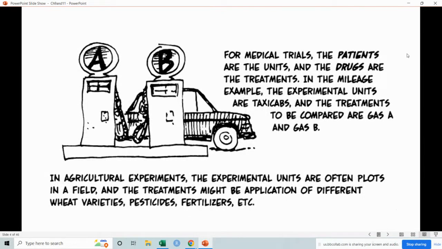For medical trials, the patients are the units and the drugs are the treatments. In the mileage example, the experimental units are taxicabs and the treatments to be compared are two different kinds of gas, gas A and gas B. In an agricultural experiment, the experimental units are often plots in a field and the treatments might be application of different wheat varieties or tomatoes, which is probably more common, pesticides or fertilizer.